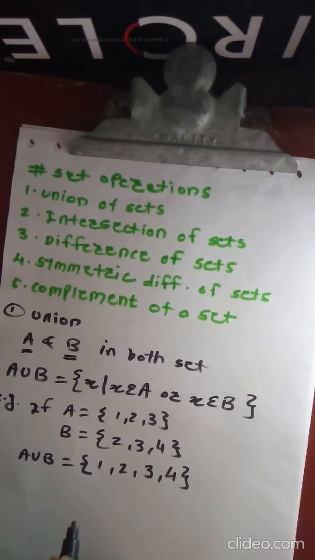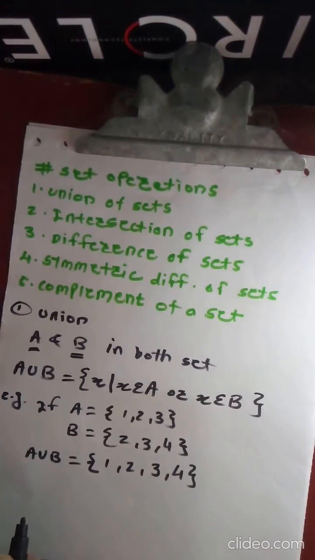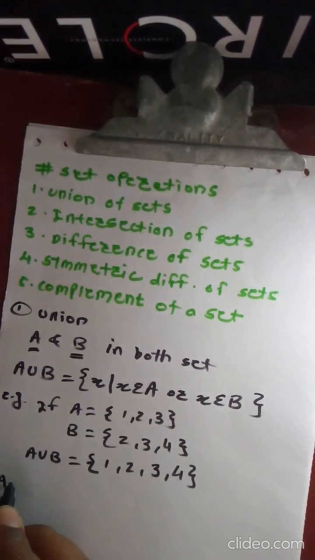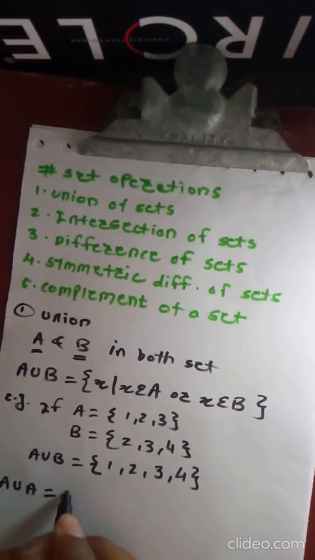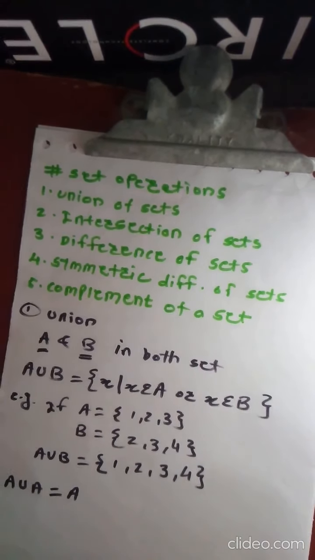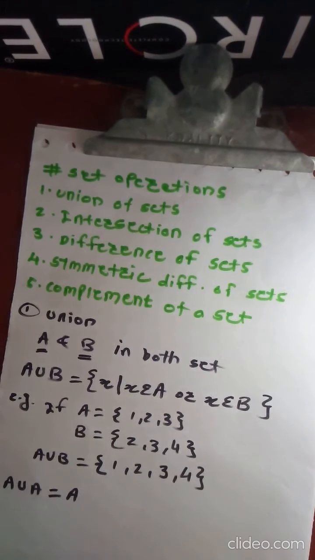Right? Now there are some properties. So first one is A union A is A, means set A union with itself, output is also set A, same set.